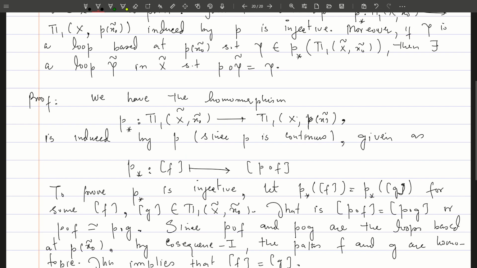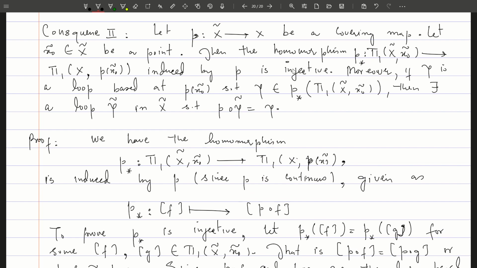Now let us prove the second part of the consequence, that is, if gamma is a loop based at P of x naught tilde such that gamma is in the image of P star, then there is a loop gamma tilde in X tilde based at x naught tilde such that P composed with gamma tilde is gamma.